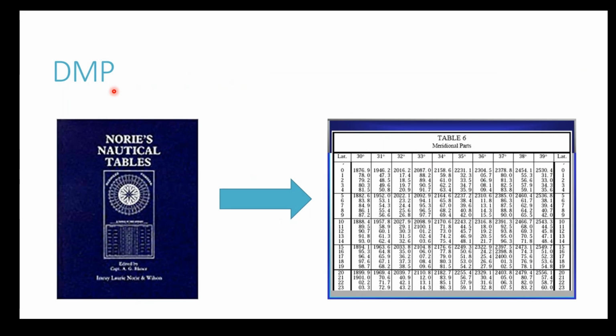All these three give us the required courses and distances. We can calculate the course and distance between two positions. And if we know our starting position and we know the course and distance being steamed, we can easily obtain the position arrived. These are the two types of basic problems which can be solved with all these forms of sailings.